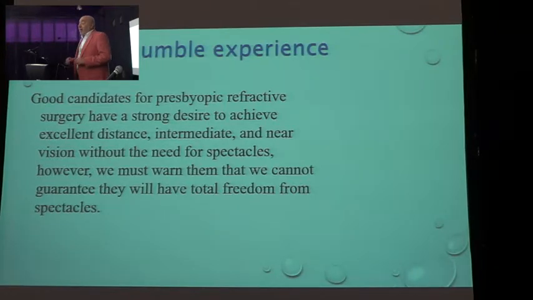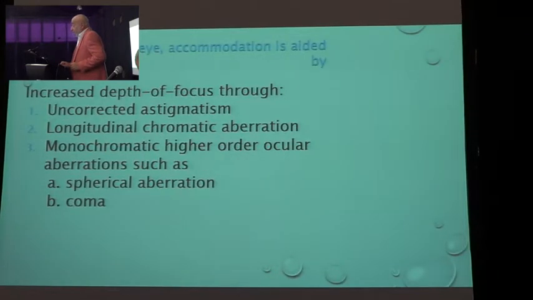So in my humble experience, good candidates for presbyopic refractive surgery have a strong desire to achieve excellent distance, intermediate, and near vision without the need of specs. In the healthy eye, accommodation is aided by increased depth of focus through uncorrected astigmatism, longitudinal chromatic aberration, and monochromatic high-order ocular aberrations such as spherical aberration and coma.